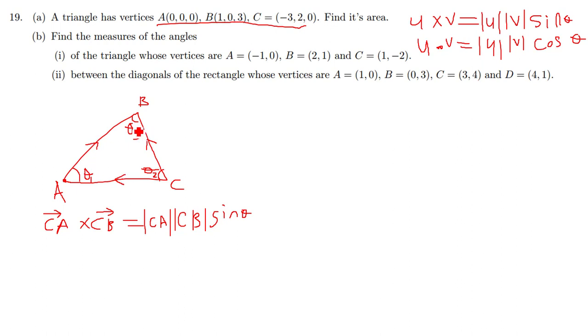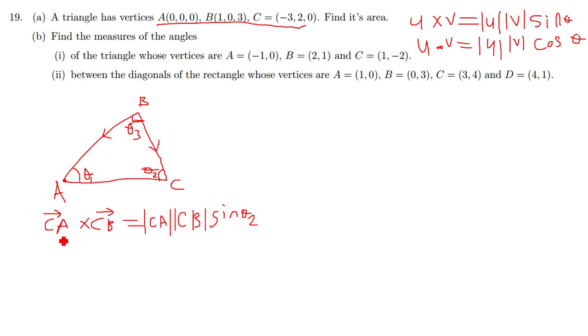Same applies to theta 3 here. For theta 3, you are not using what we have used for theta 2. So this one is theta 2. For theta 3, you are going to use BA. You are going to take B as your origin. So you have something like this.